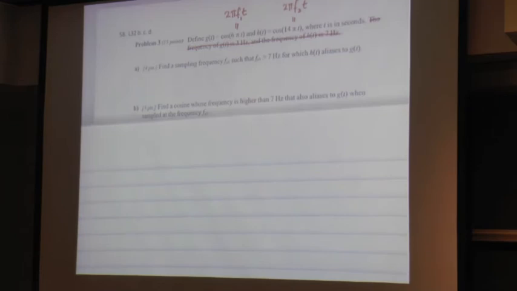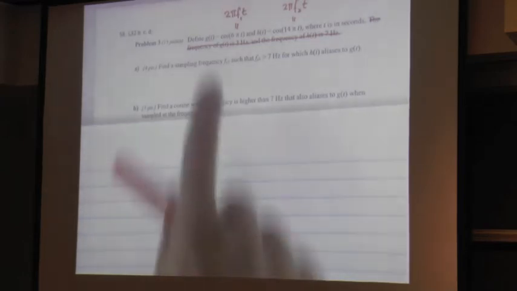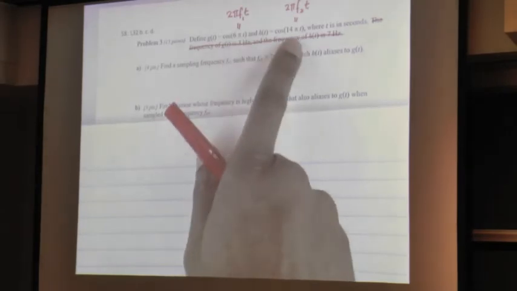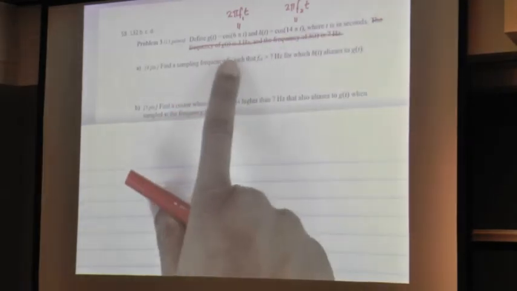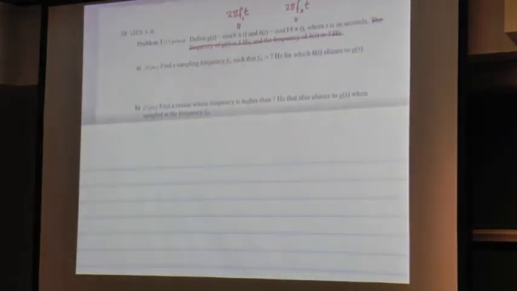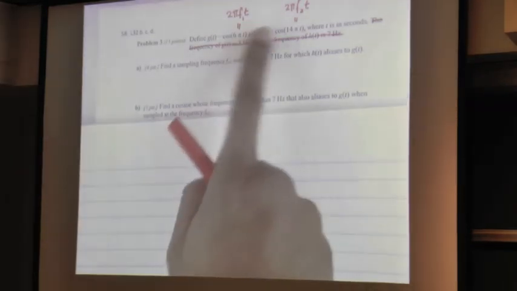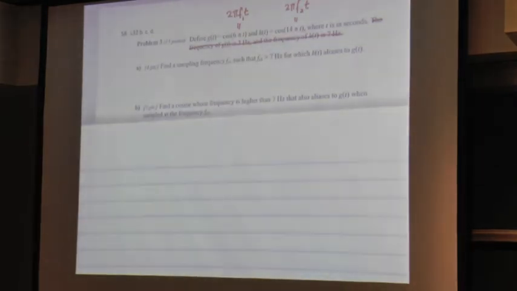So f1 has to be 3, and f2 has to be 7. If you're just given the definition of g of t and h of t, you should know what the frequencies are: 3 hertz and 7 hertz.